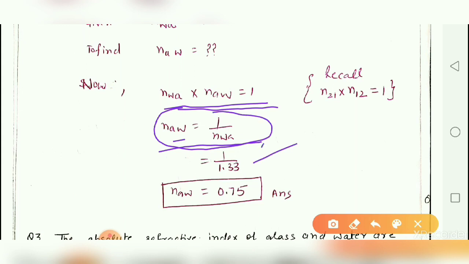After putting the values, the refractive index of air with respect to water comes out to be 0.75. Here we will not write any unit because refractive index has no unit.